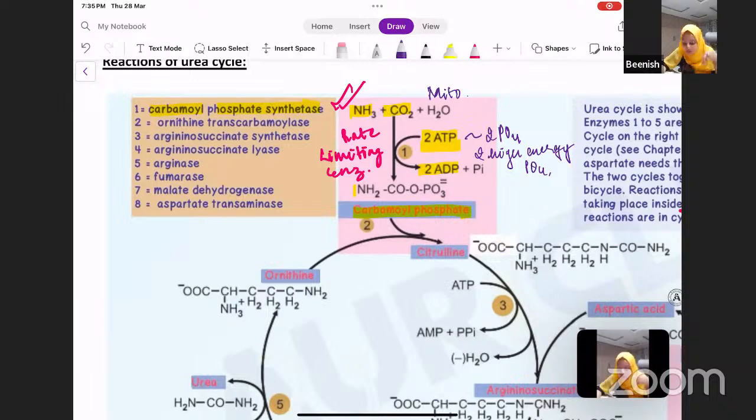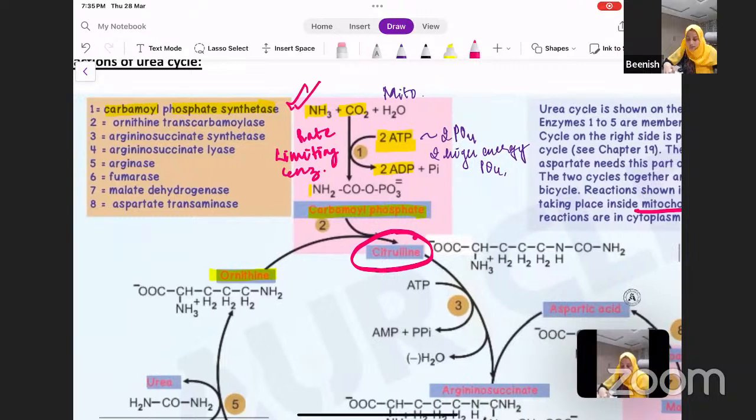Now this carbamoyl phosphate combines with ornithine to form what? To form citrulline. Okay, this is also taking place in the mitochondria.